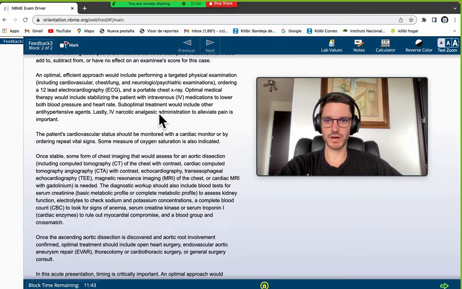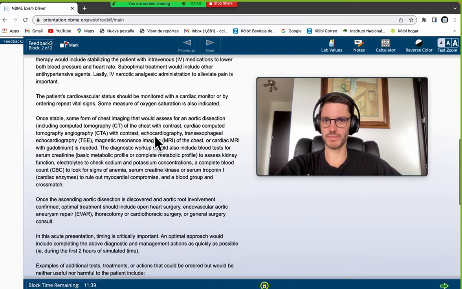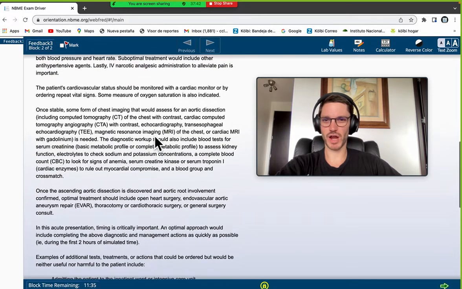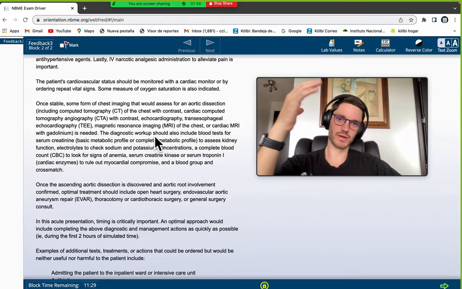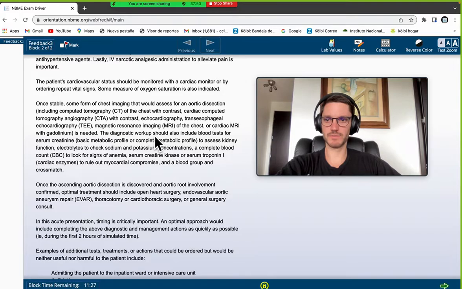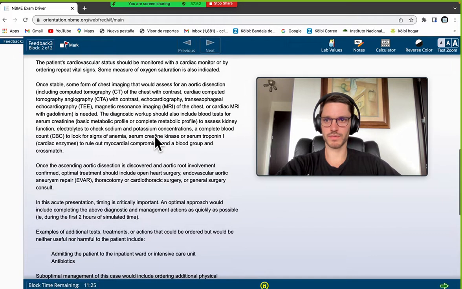Lastly, IV narcotic administration. Yeah, we did that. We gave morphine. But it took us some time, right? But I'm not sure. I wouldn't have given morphine before ruling out a right STEMI, because if it was a right STEMI, we could have done more harm. Okay, but we could have acted a little faster.